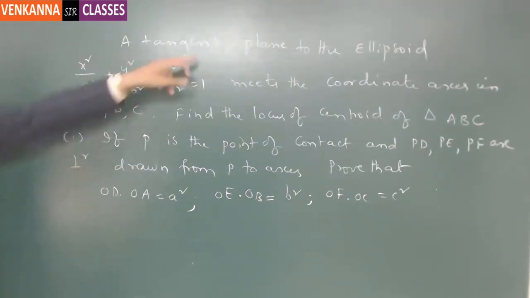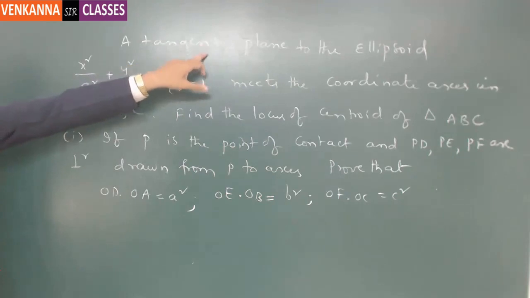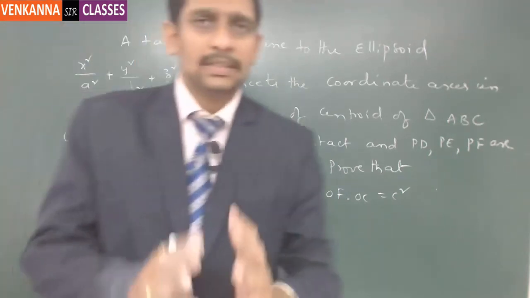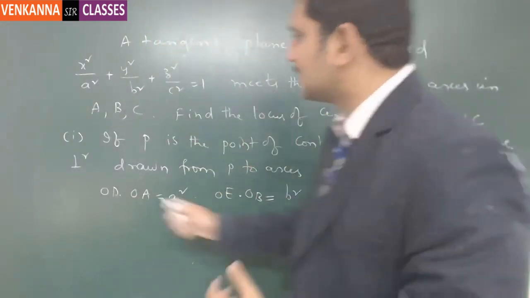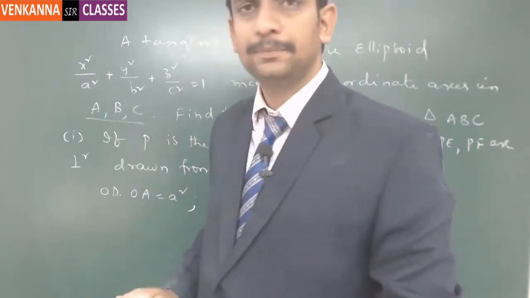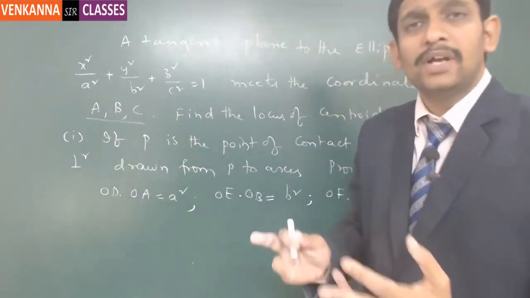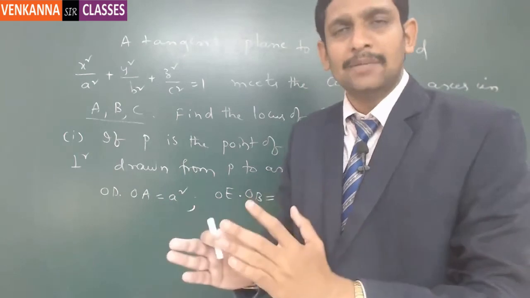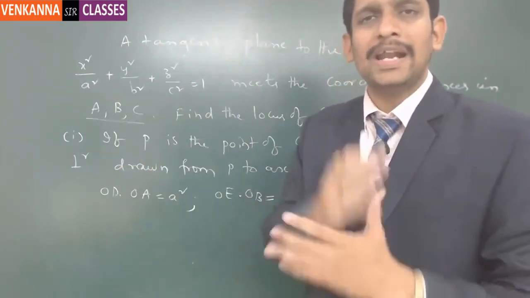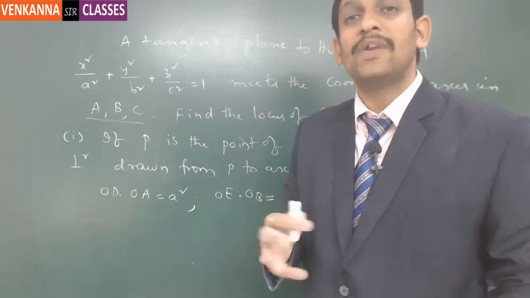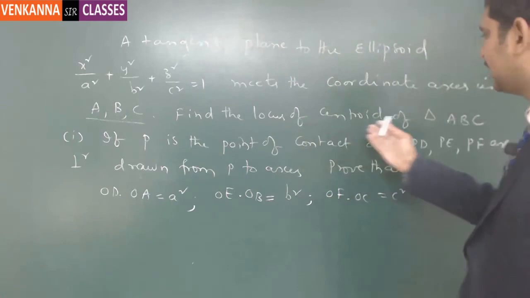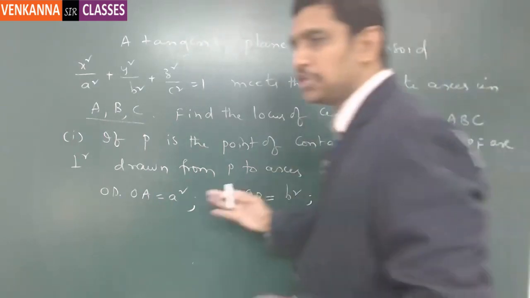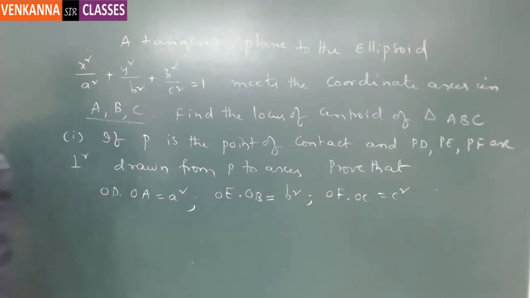For this ellipsoid, we are considering a tangent plane, and the tangent plane will intersect the coordinate axes at the points A, B, C. Whenever a tangent plane cuts the coordinate axes, obviously we will get a triangle. So we have to find the locus of the centroid of the triangle. That is the first part of the problem. Clear? Say yes or no.